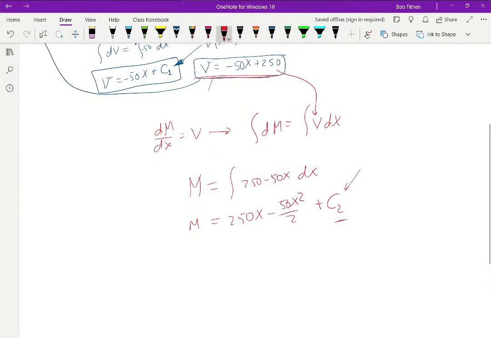It must be looked at. But in this case, my end condition is such that it's 0. So if you put in x of 0 here, you'll have the conclusion that C2 is equal to 0. So in fact, you'll get that.